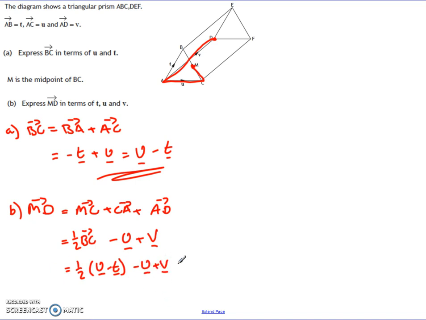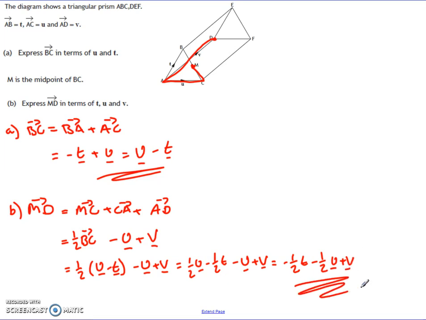So I've got all the parts in, it's just a case now of simplifying. So I've got a half u minus a half t minus u plus v. Put all the bits together, you get minus a half t. A half u minus u gives you minus a half u, then plus v. There you go, I've got my journey there from M all the way to D following this route.